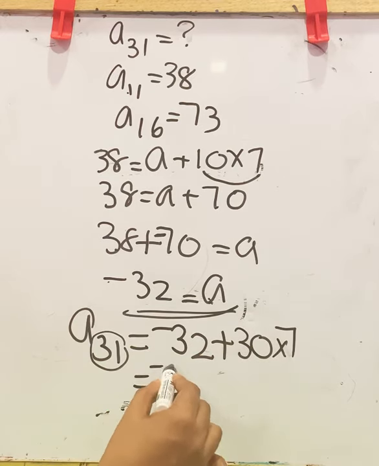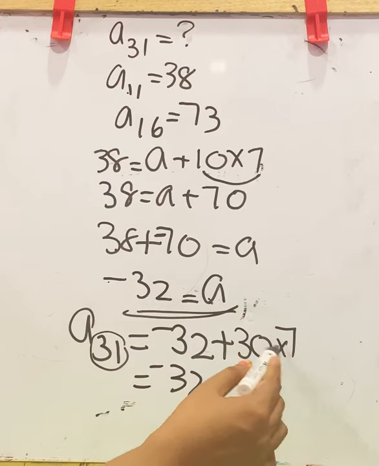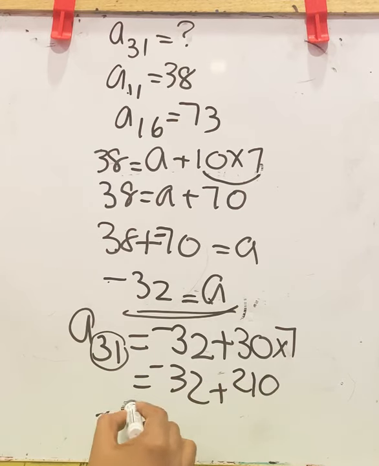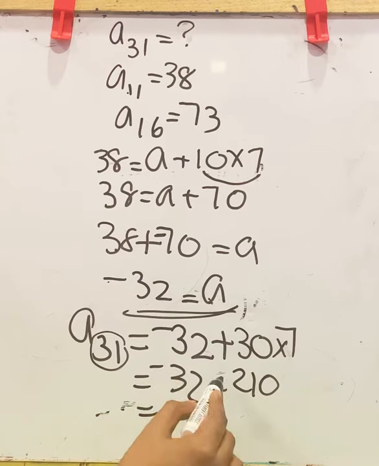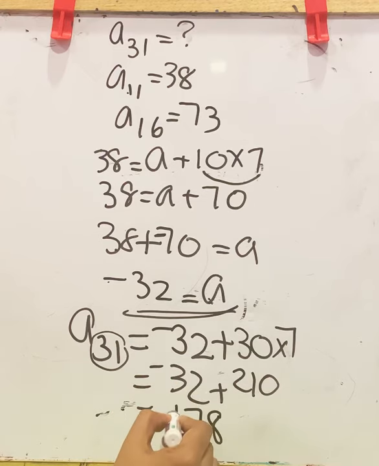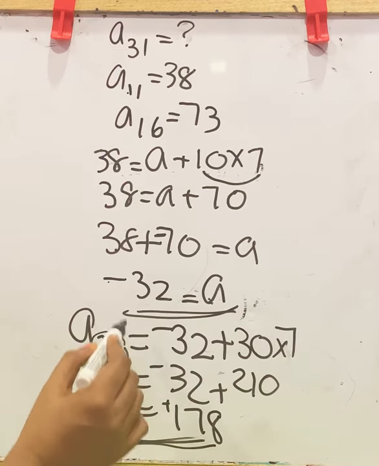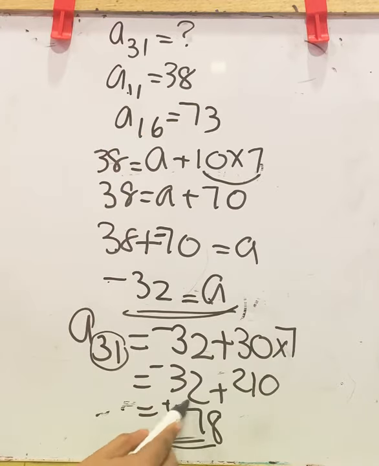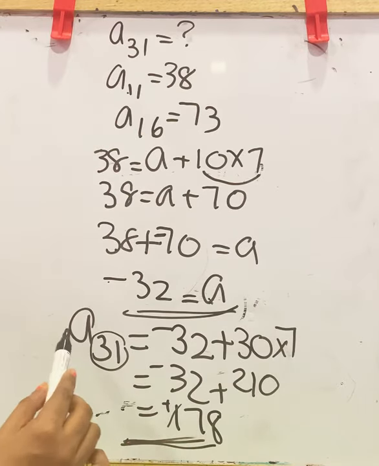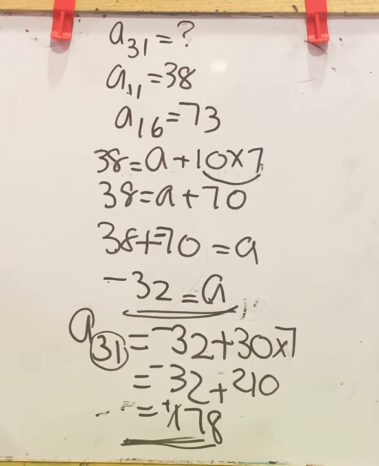So this becomes minus 32 plus 210. And here plus and minus numbers, so subtract the smaller number from the bigger number and put the bigger number's sign. That is positive 178. So what is the 31st term of this AP? 178 is the answer. A31 is 178.